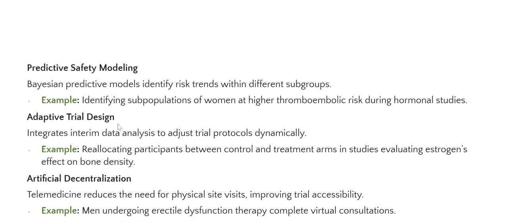And here the Bayesian predictive approach is used to predict or forecast or simulate risks, in order to avoid or work on avoiding those risks by using all the previous data and ongoing observations as well.